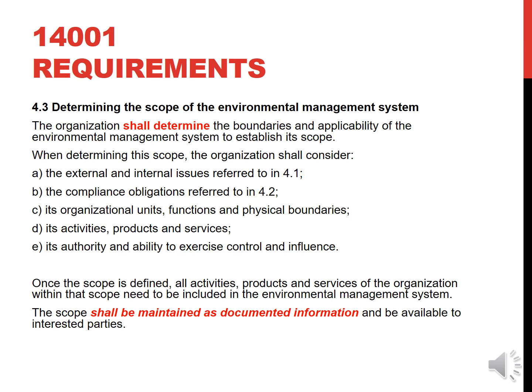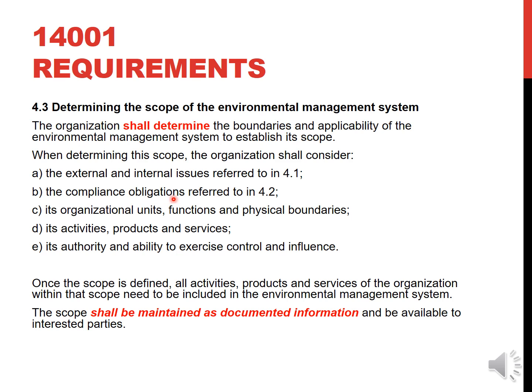Finally, what we have to do within an EMS is to determine its scope. The scope is two things: the boundaries and applicability of the environmental management system. So in order to do this, you look at what are the key external and internal issues that affect the organization.